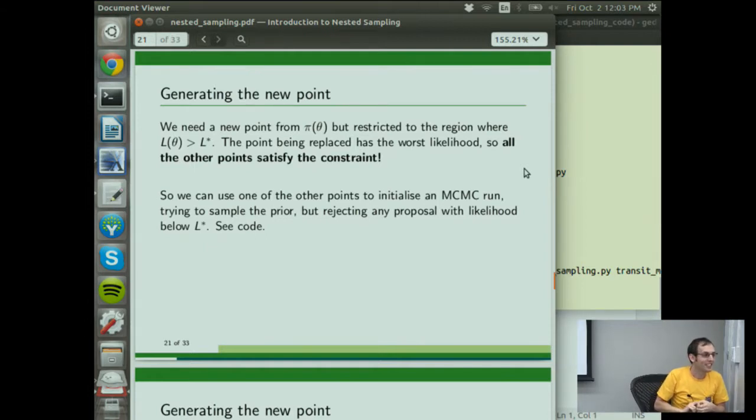Is there a requirement that you have to uniformly sample the remaining region? What do you mean? You need to choose from the prior, which in many cases is uniform.